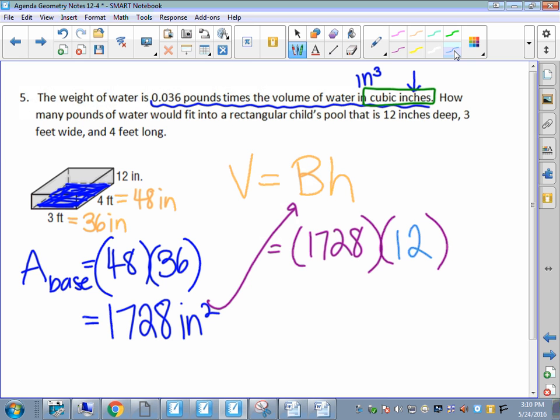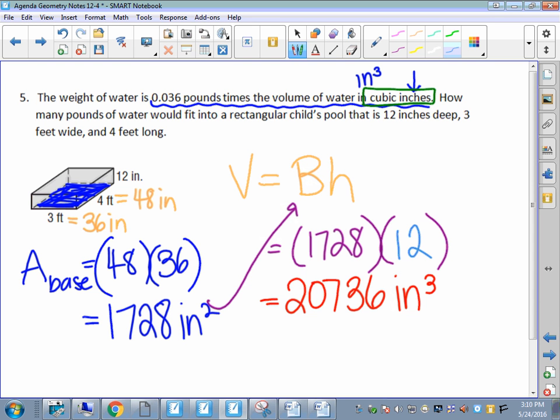So I know it's a little shortcut. If you're going to do it that way, make sure you show me in your work that that's what you're doing. So when I do this, I end up with 20,736 cubic inches.